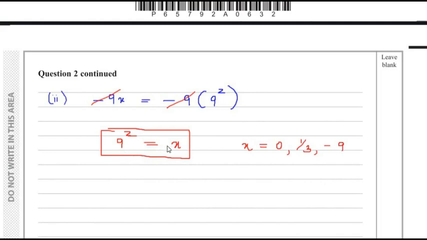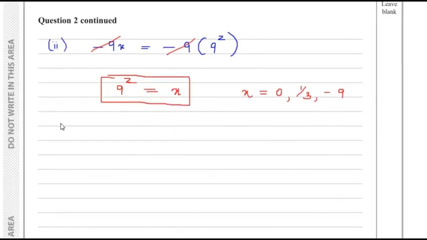So let me substitute x equal to 0 in the first one. So we get 9 to the power of z is equal to 0. This means 9 to the power of something should give us 0, which is not possible, because if you substitute z as 0 we get 1, and if we substitute z as 1 we get 9, and if we keep on increasing the values of z you can see that we will not get 0.